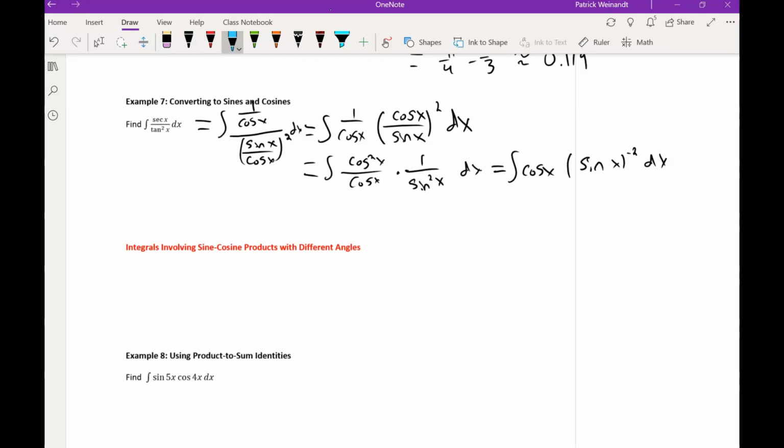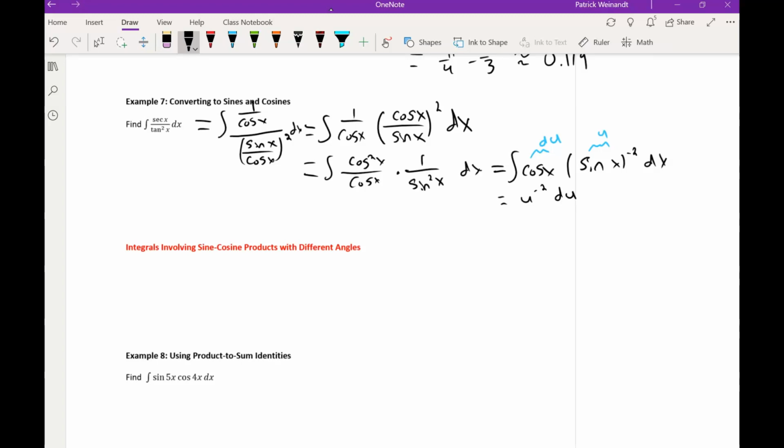But what's going to be my u? Basically, this is kind of like a chain rule with these sines and cosines. This is going to be our u inside the parentheses, and this is going to be our du. So if you really wanted to, you could replace this, which is the same as saying u to the -2nd times du.